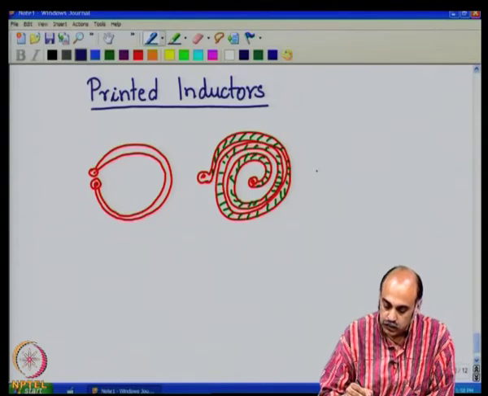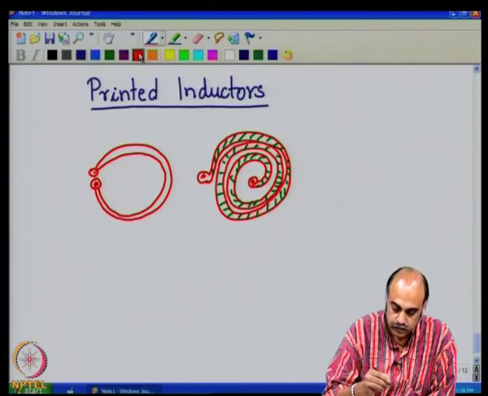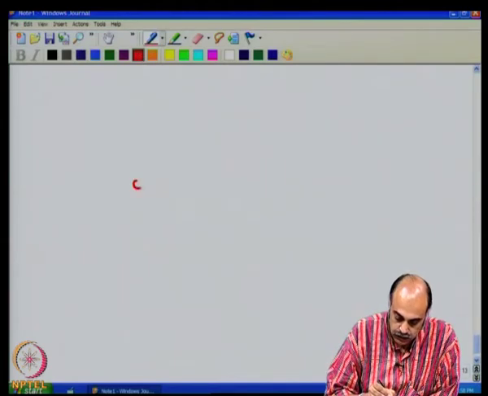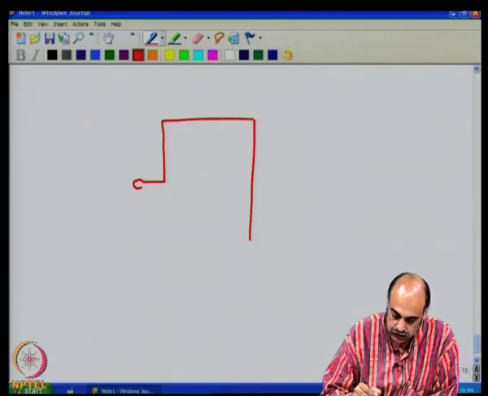Instead of a spiral, one could also use a kind of a squarish spiral like this.